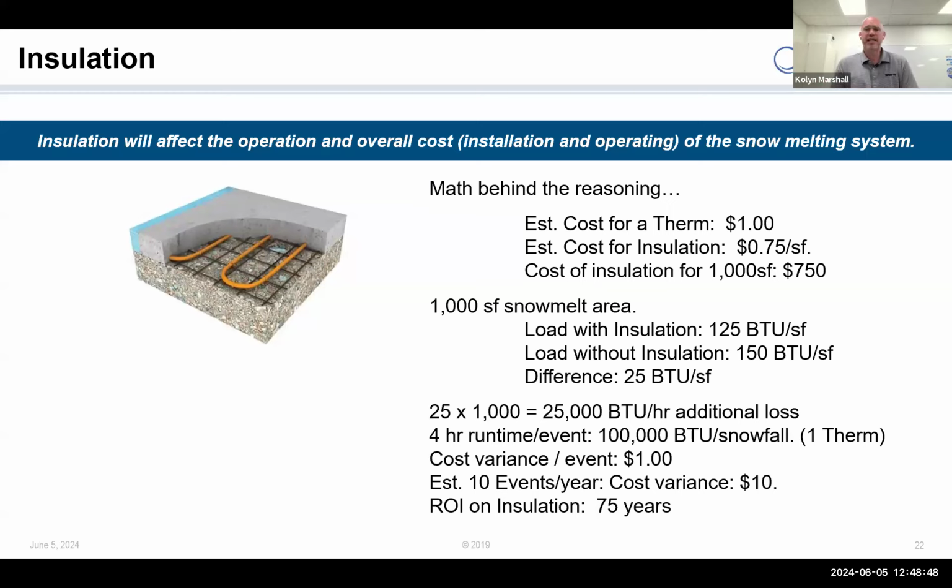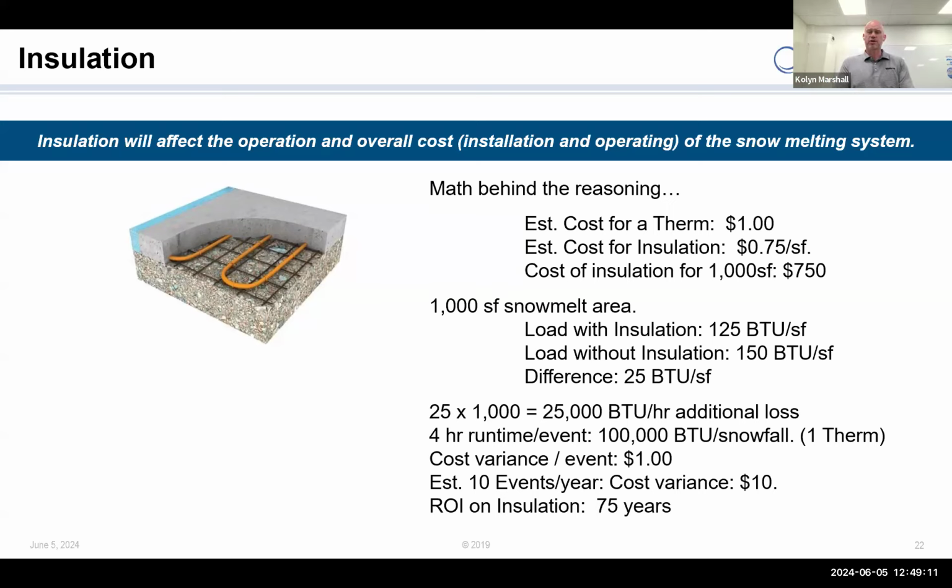If I insulated it, assuming a 20% variance in loading, would be 125 BTUs a square foot, and without insulation, 150 BTUs a square foot. I'm accounting for that added loss into Mother Earth, basically. Higher BTUs to operate an uninsulated slab, no question.